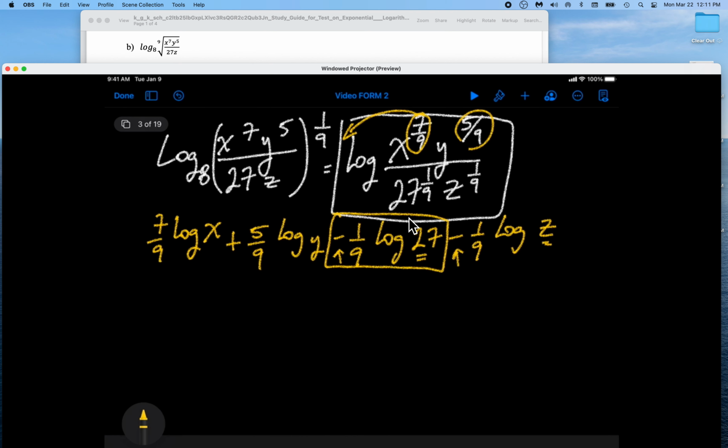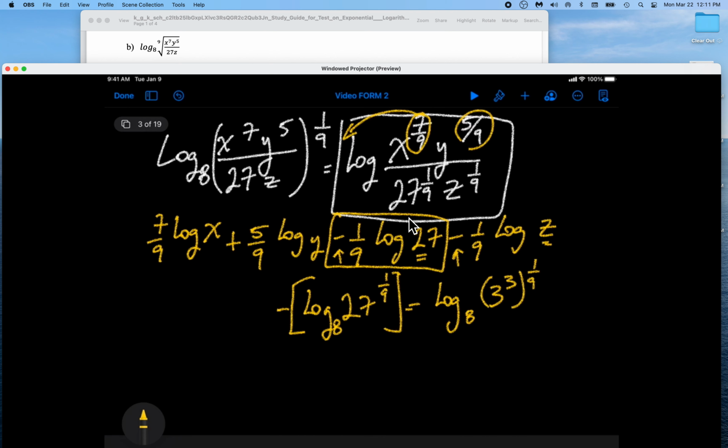So we're going to have, if we had left that 1/9 up top, we would have had this. That would have been 3 to the 3rd raised to the 1/9.